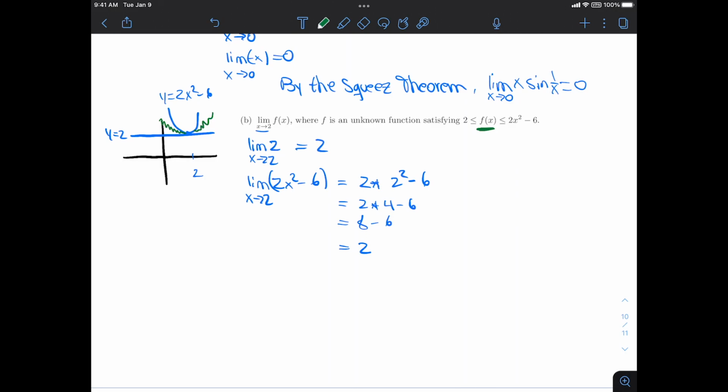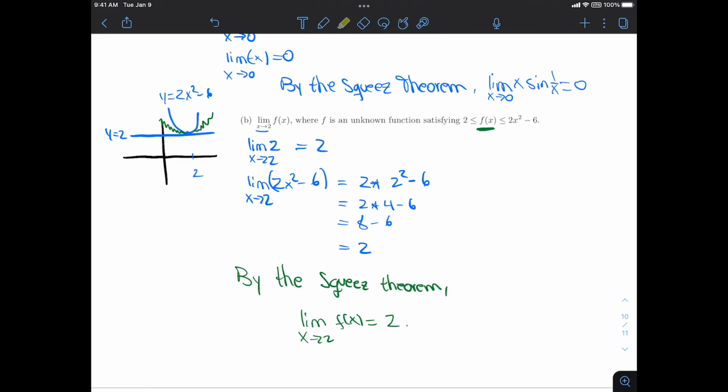It doesn't matter how it oscillates like I did. This graph is very, very weird for a function, but even if it's that weird, because it's forced to be between these two, and these two have the same limit when x approaches 2, the squeeze theorem is going to tell me that the limit when x goes to 2 of f of x also equals 2.